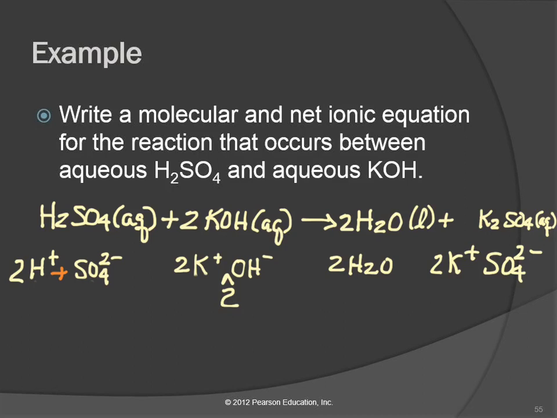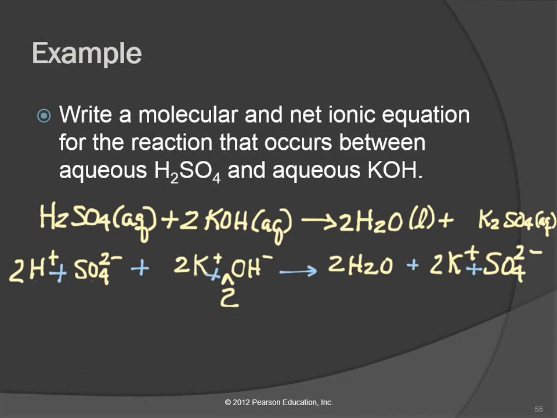That's not a good color. Let's try a different color. So that would be plus and plus and plus that one, and that would form these guys over here. And if we wrote that all out neatly, that would be our complete ionic equation.